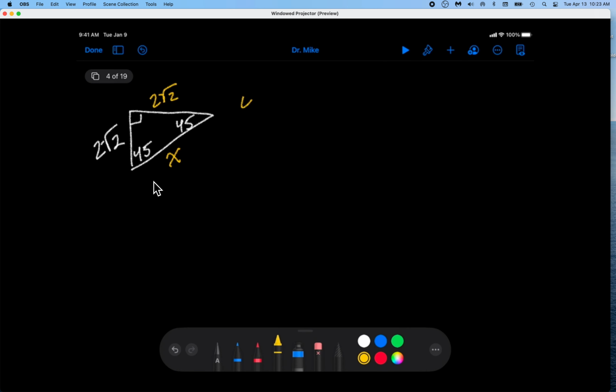So we are going to go from 45 to 90. And the conversion factor is always the square root of 2. We have this value. The question is, what are we going to do with this conversion factor as we move from 45 to 90? We're getting bigger, therefore we're going to multiply.